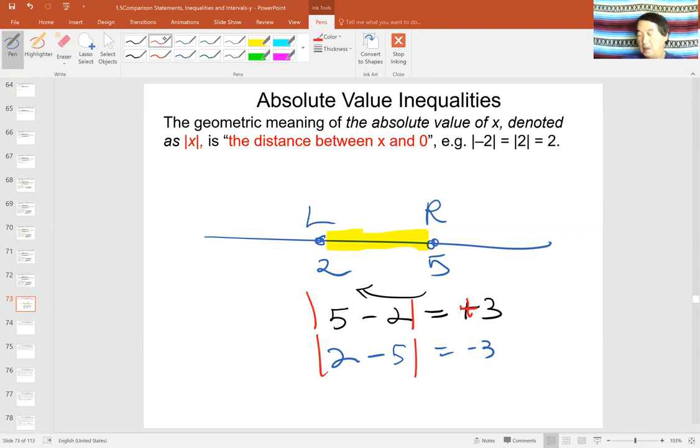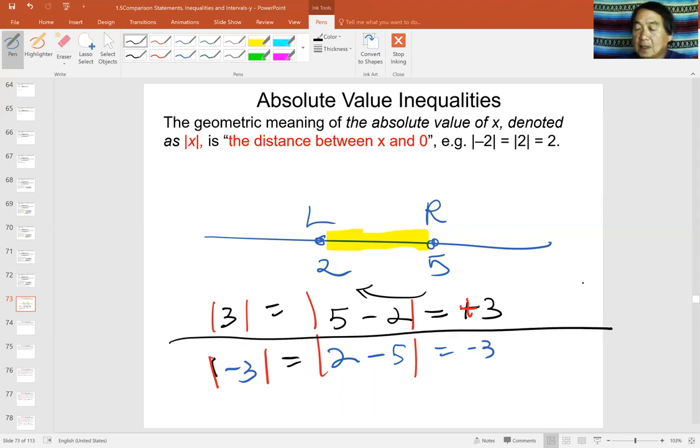In particular, the first one we have is the absolute value of 3, and the second one is the absolute value of minus 3. And the goal is to make them come out to the same answer, positive 3.